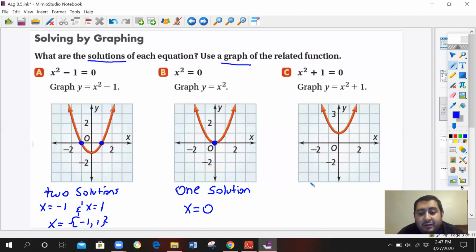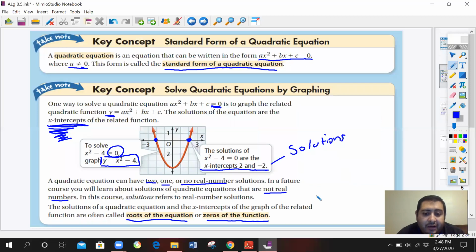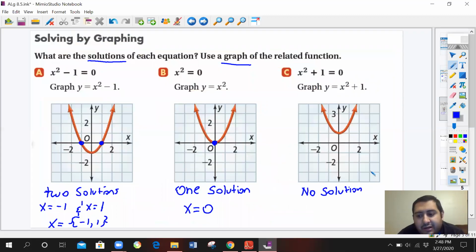So in this case, this means that there is no solution. Based on the key concept, they're calling it no real numbers. So you could specify it as no real numbers, or no solution, which is technically the same thing, okay?